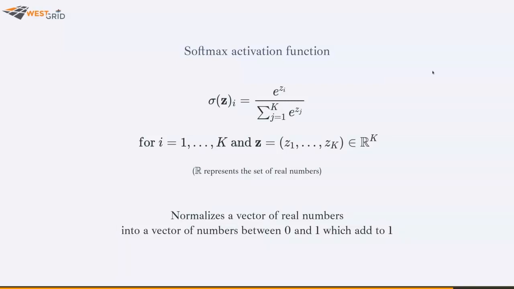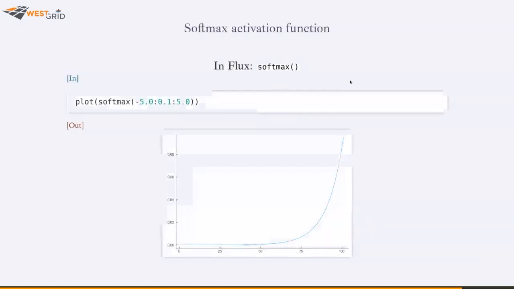Because it changes things into a probability distribution type output, it's nicer than having just 1 and a bunch of zeros. So it's a very useful and very popular activation function at the very end of your neural networks whenever you have classification problems, which is very often the case in image recognition.